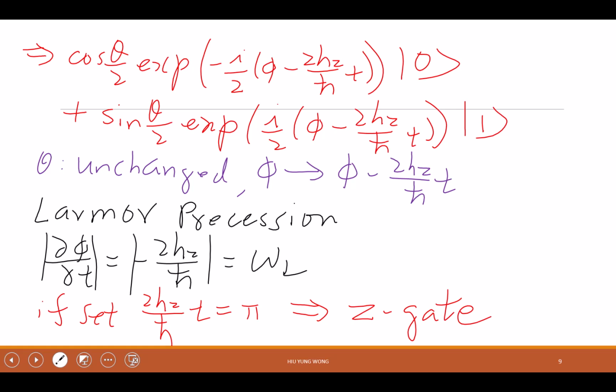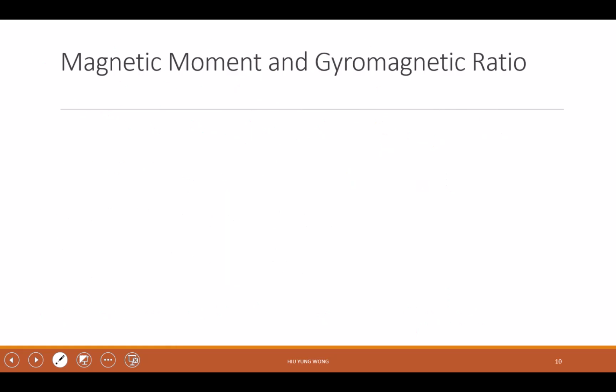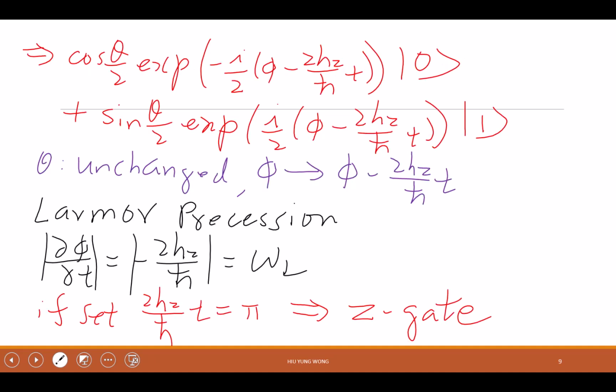So now, as the next step, I want to discuss how to implement a spin qubit Z gate. And with that, we need to go to physics. Up to now, we still don't have physics except the so-called Schroedinger equation, but it's just an equation. We don't know the physics yet. Any questions so far?